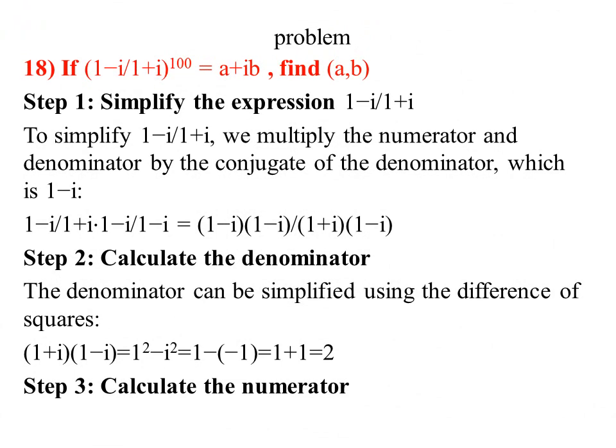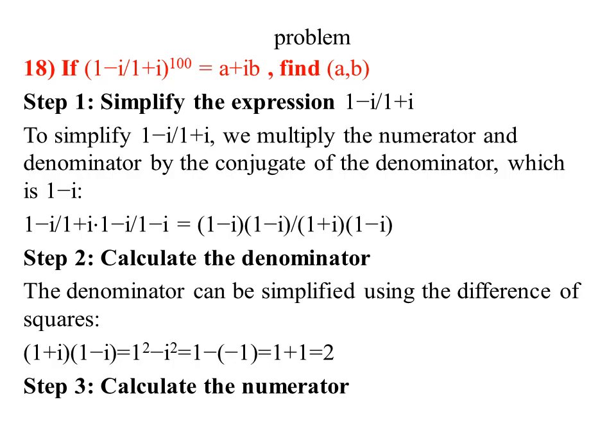Here we have problem number 18. If (1 minus i over 1 plus i) whole to the power of 100 is equal to a plus ib, then find a comma b. In step 1, we simplify the expression (1 minus i) over (1 plus i).